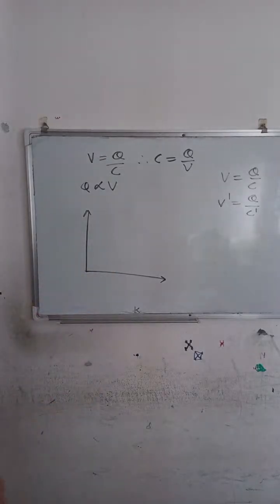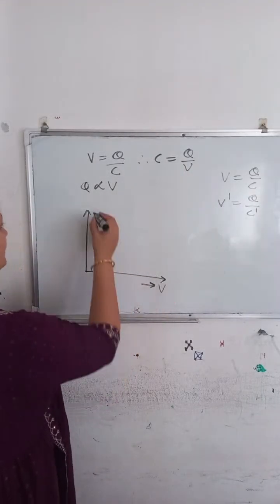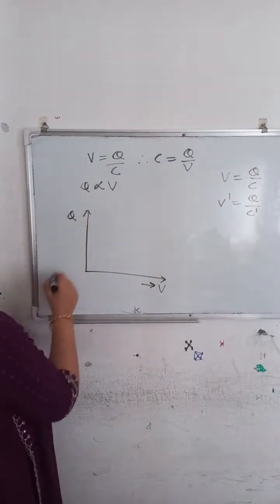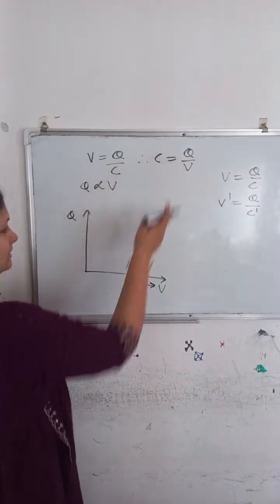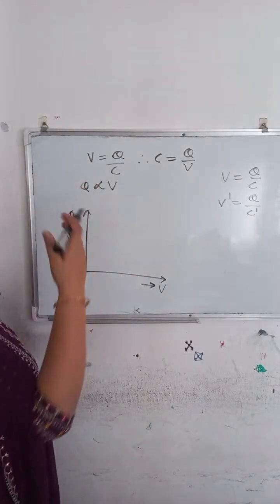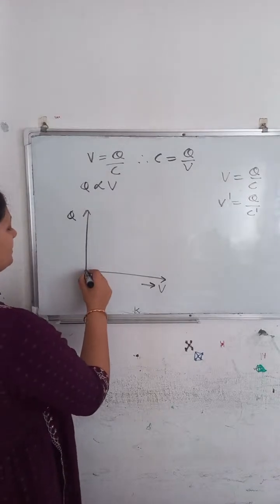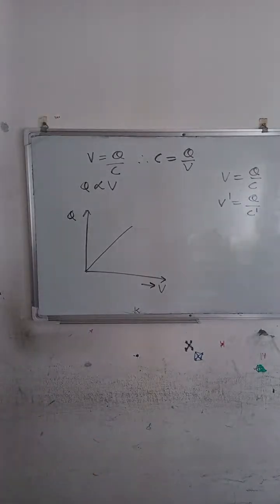For the sketch, take V along the x-axis and Q along the y-axis, because slope is y by x, so y is Q and x is V. If V increases, then Q also increases, and you will get a straight line linear graph. Copy this; everything should come while drawing this graph.